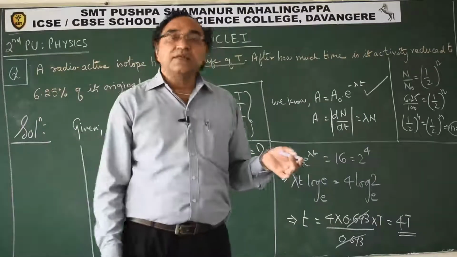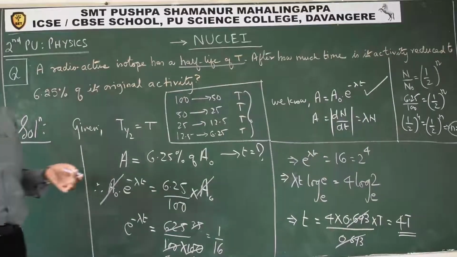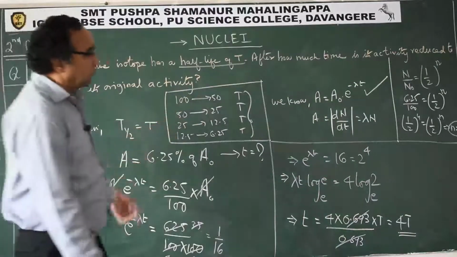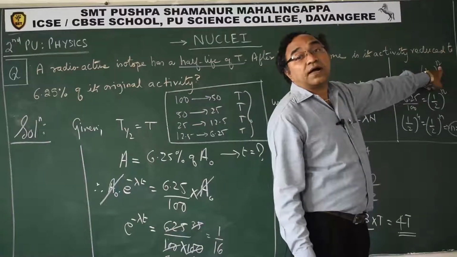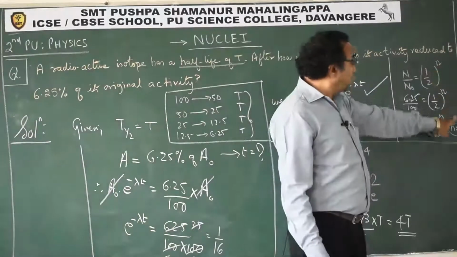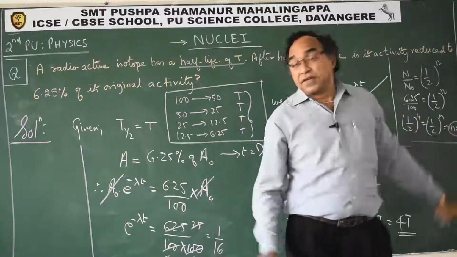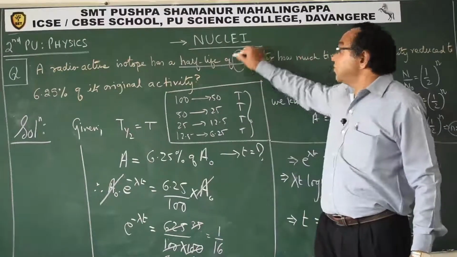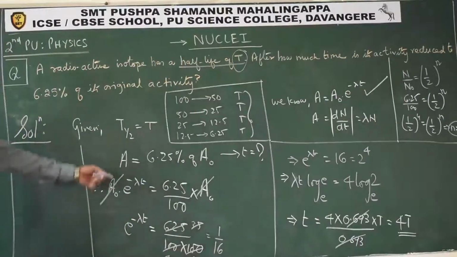The route might be many. But the answer cannot be different for different methods. See, we are getting the same. Here, what is the meaning of n? N is the number of half-life periods. So we got it as 4. Therefore, 4 half-lives. Each half-life is T. So therefore, 40 is the answer. That is exactly how we can work out. And this way also you can do.